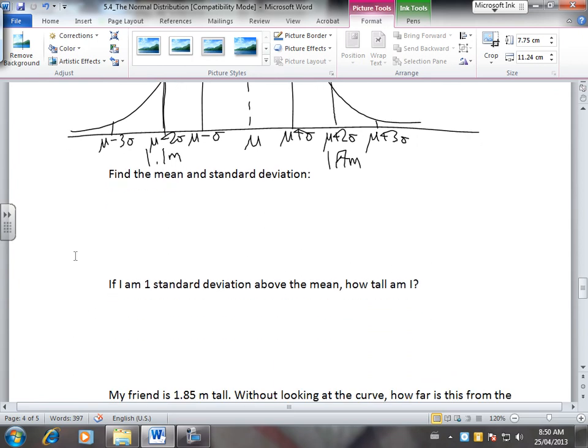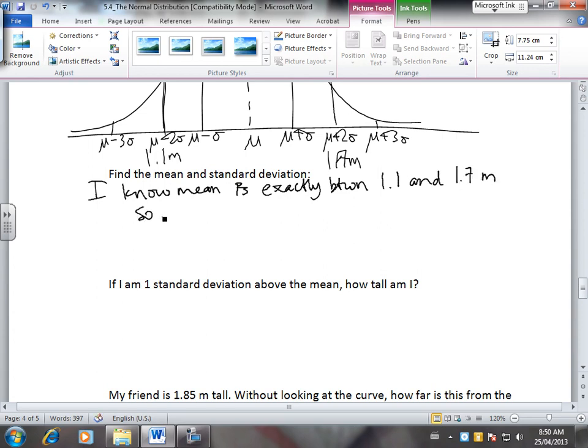Then I look at the questions. Find the mean and the standard deviation. The mean is the halfway point between 1.1 and 1.7 meters.